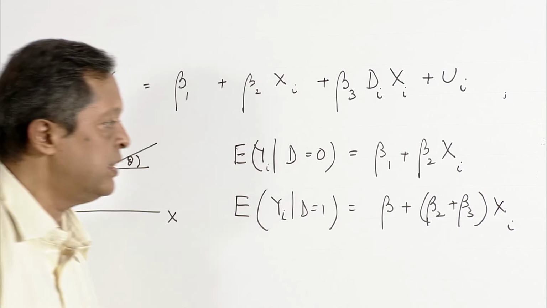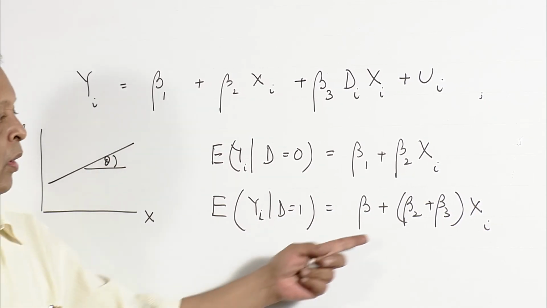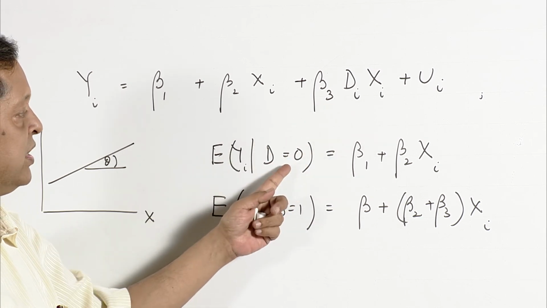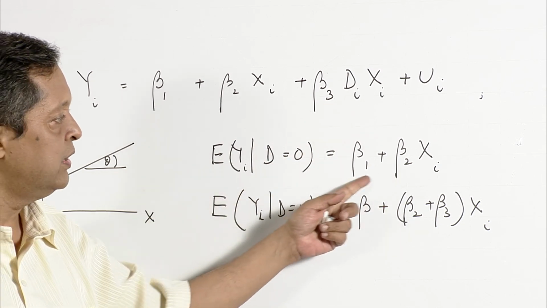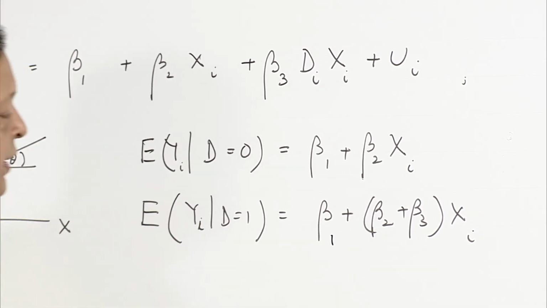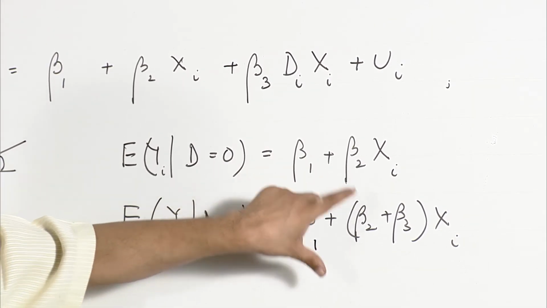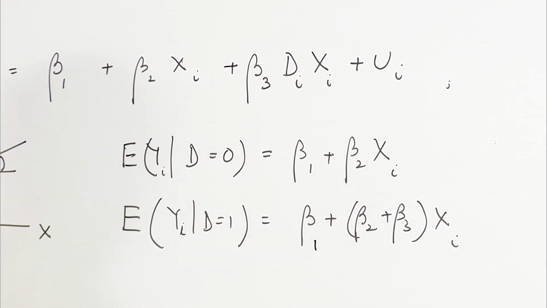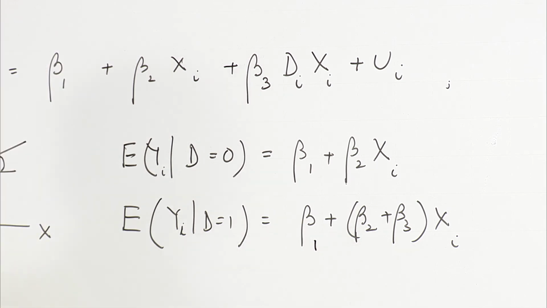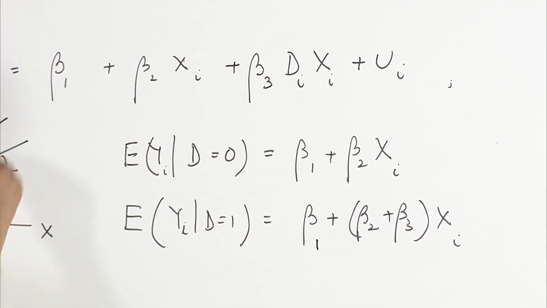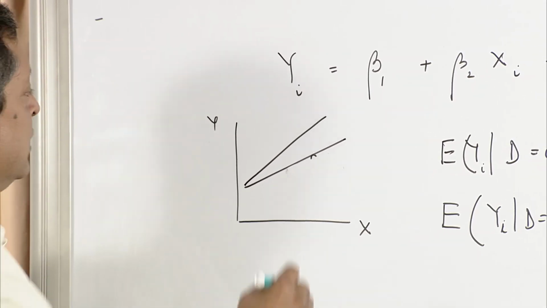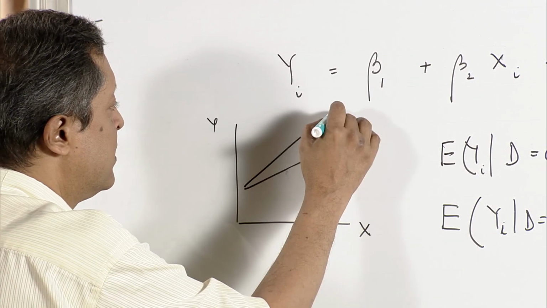So, viewers, you can see that now for the southern region, that is when D is 0, south means D is 0. So, for the south this is the regression. For the north, what is the difference? The difference is the intercept remains the same, but the slope has changed. So, we are supposing that beta 3 is positive, so that you have another regression like that. So, these are two regression lines for the two regions. This is the base, the south, this is the north.